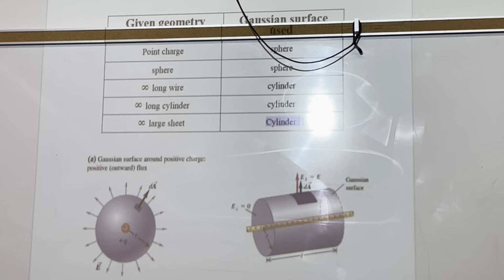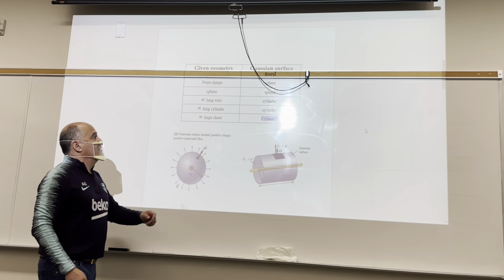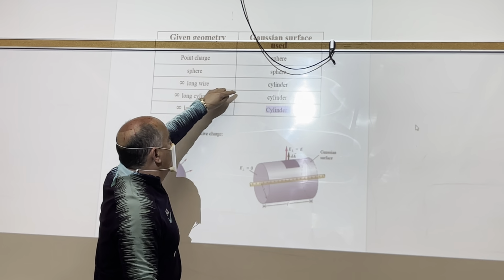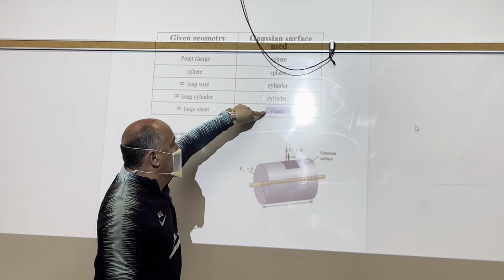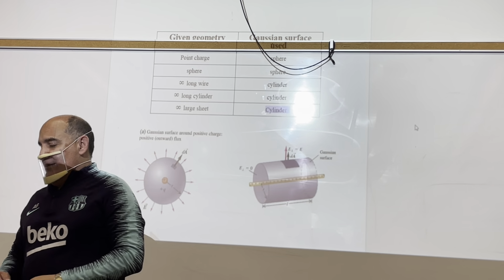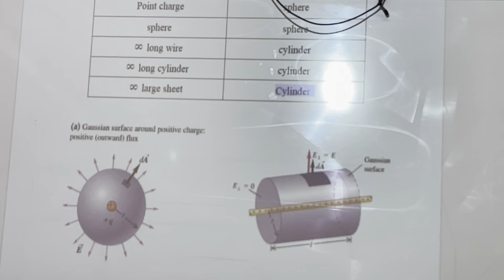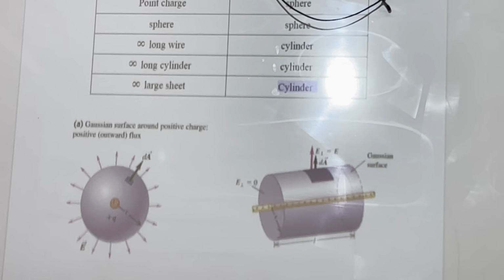And notice that I wrote Cylinder with a capital C as opposed to a lowercase c. Because for the wires, I wrote cylinders with a lowercase c. I did that deliberately. Because the cylinder that we imagine is something like this.